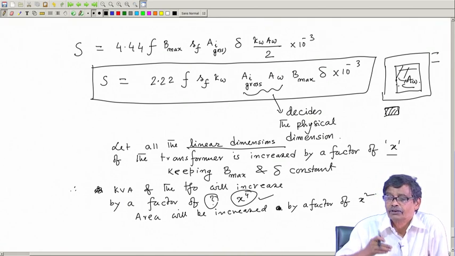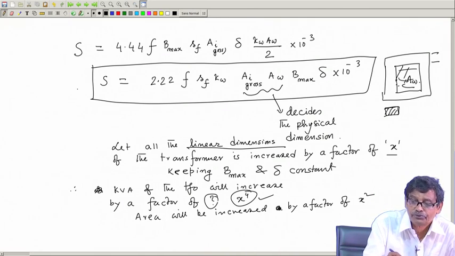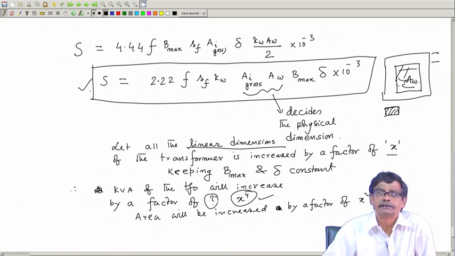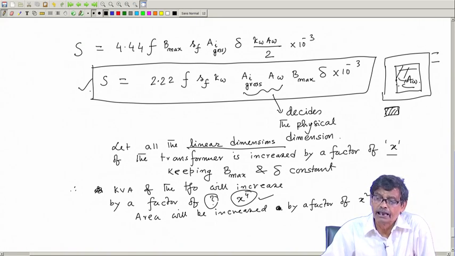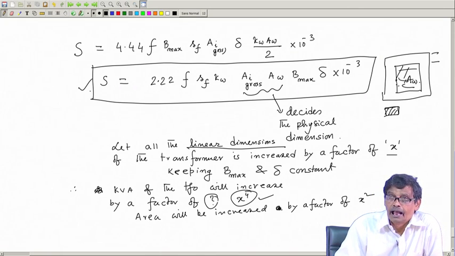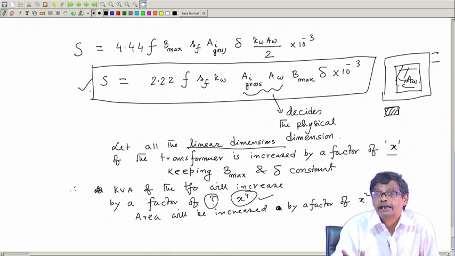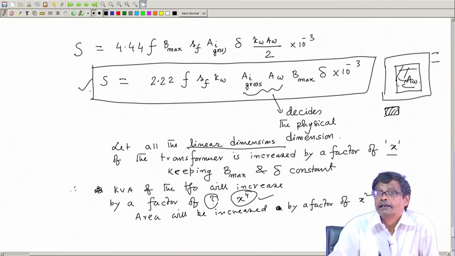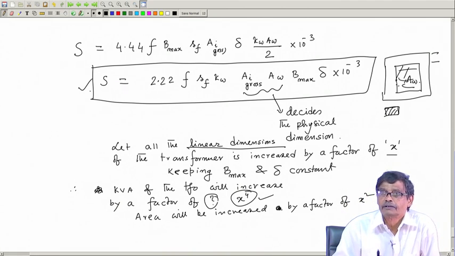and I think I will continue next time, but please go through this one. This topic is very interesting. It will give you now a fair idea how a practical power transformer is going to look like, and what are the implications of Bmax and delta, and why elaborate cooling arrangements are a must for a large size transformer.